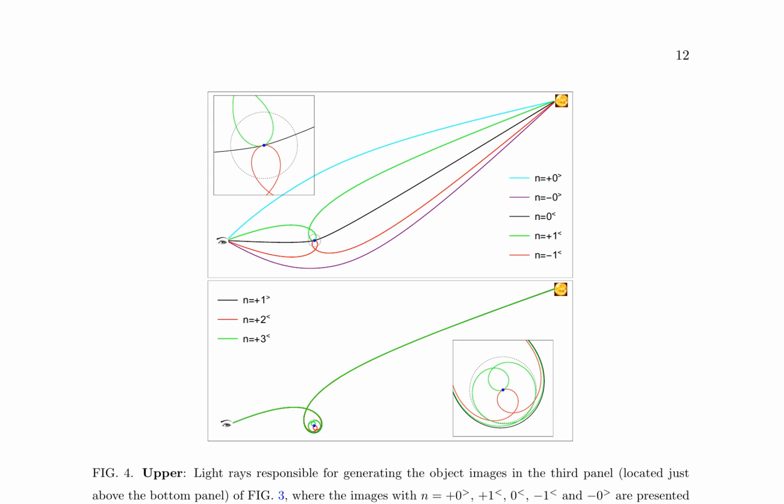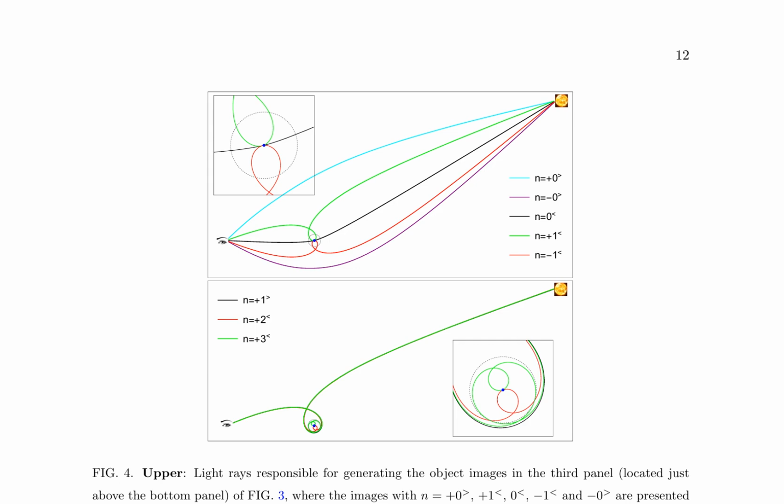Figure 4's upper panel illustrates light rays generating images in Figure 3's third panel, showcasing images with n = +0>, +1<, 0<, −1<, and −0> from left to right. The lower panel shows light rays producing images in Figure 3's bottom panel, displaying images with n = +1>, +3<, and +2< from left to right.